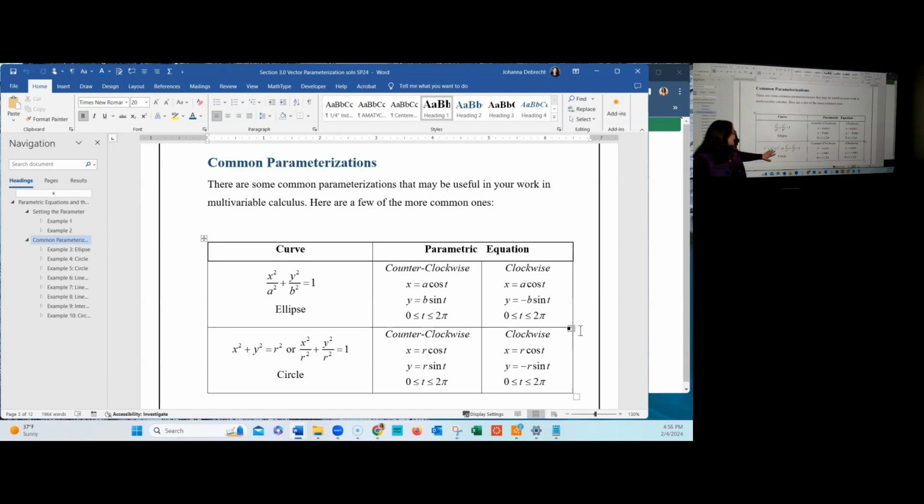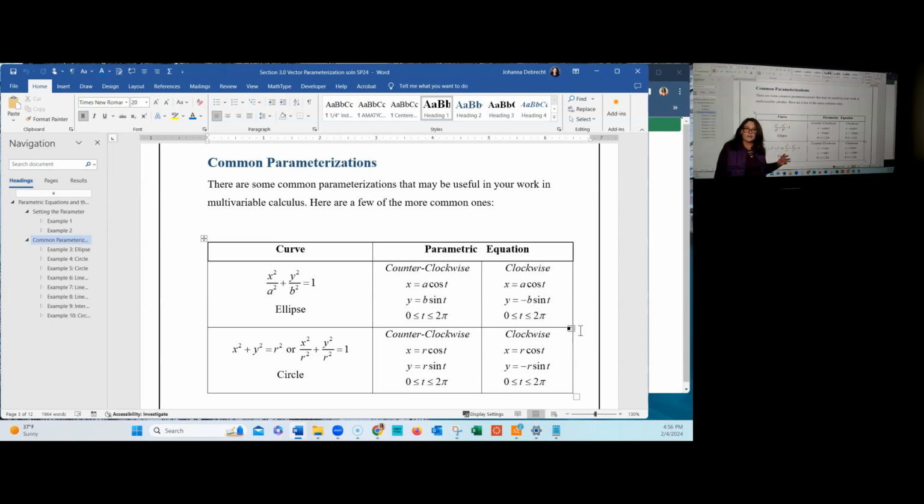Here is the formula for an ellipse in standard form, x squared over a squared plus y squared over b squared equals 1. Remember that a circle is really just a special case of an ellipse where a squared is equal to b squared, in other words, r squared, the radius squared.